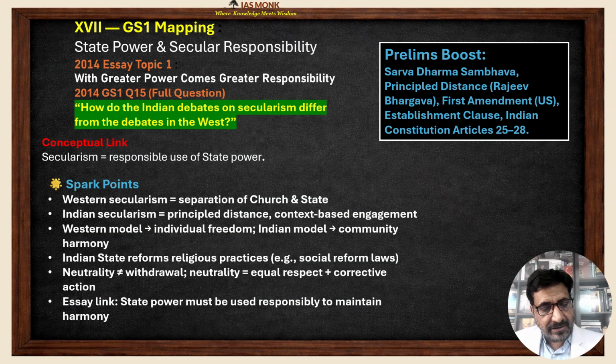The next question of GS1 is: how do the Indian debates on secularism differ from debates in the West? Indian secularism requires the state to exercise power responsibly by maintaining principled distance.